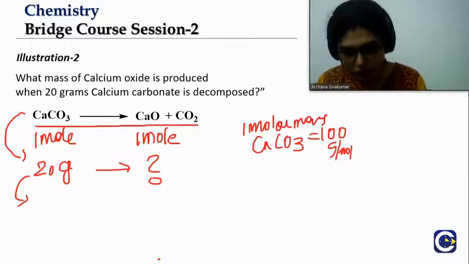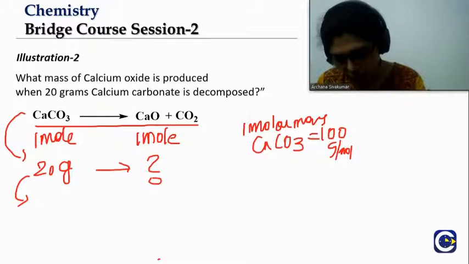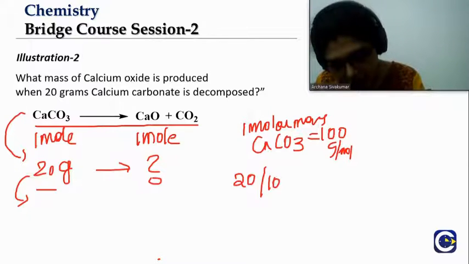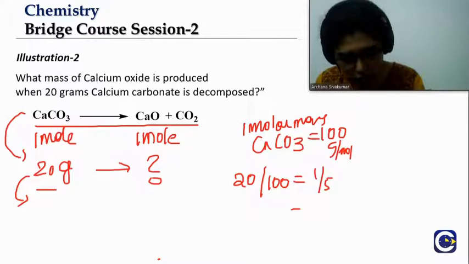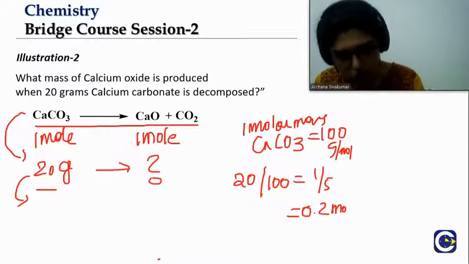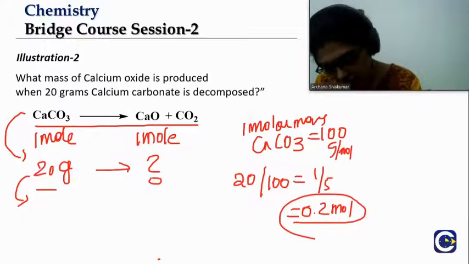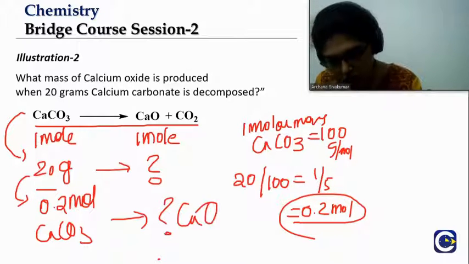Based on that, we'll find out how much is in 20 grams. So 20 divided by 100 will give you 1 over 5, right? So that is 0.2 mole of calcium carbonate present in 20 grams of the given substance. So 0.2 mole of calcium carbonate will give how much calcium oxide is the question.